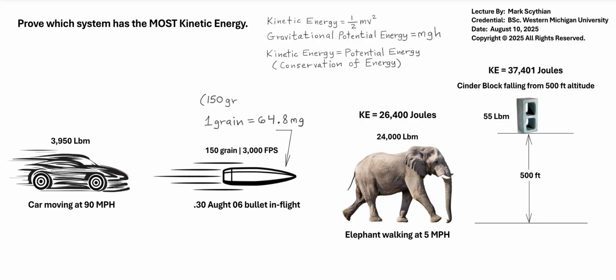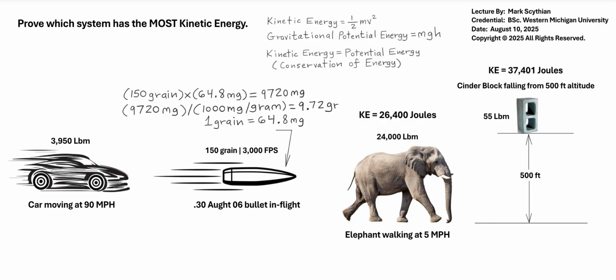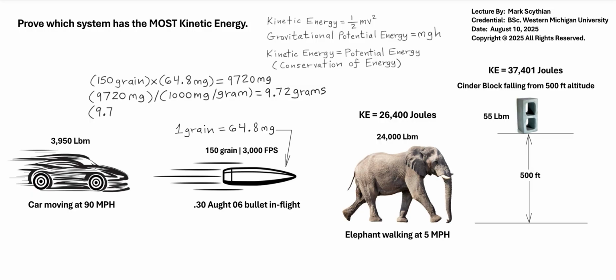Next, we focus on the 30-06 rifle bullet in flight. It has a mass of 150 grains, so we know 1 grain is equal to a mass of 64.8 milligrams. We multiply 150 times that value. We get 9720 milligrams. We divide this by 1,000 milligrams to a gram, so we get 9.72 grams. Then we divide 9.72 grams by 1,000 grams per kilogram.